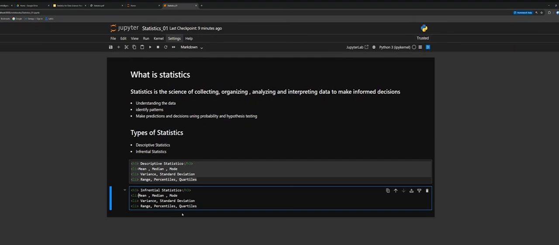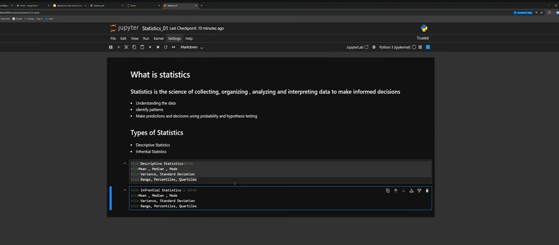Inferential uses data to make predictions. The difference between descriptive and inferential: in descriptive statistics you summarize data into information, but in inferential statistics it helps in prediction and generalization.